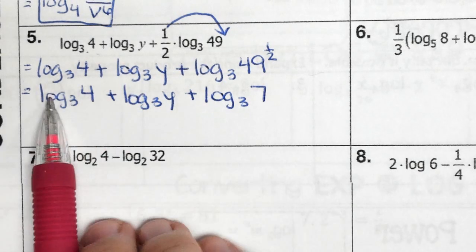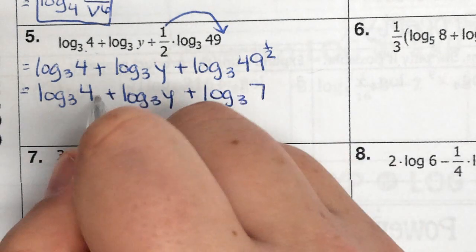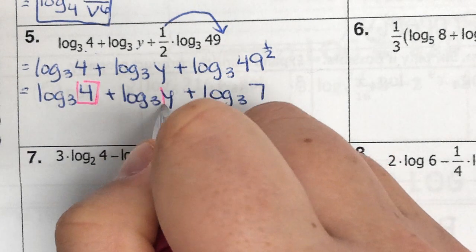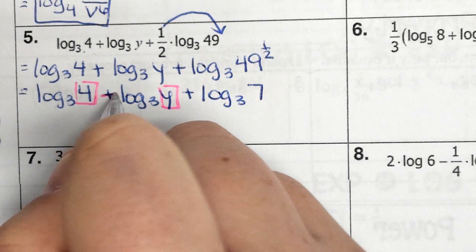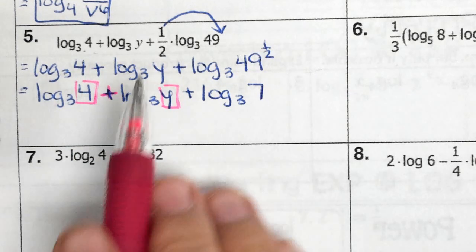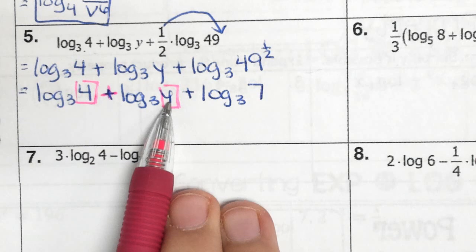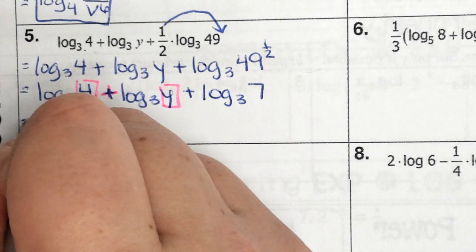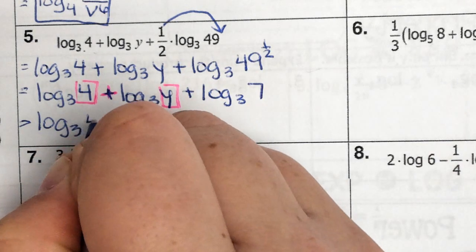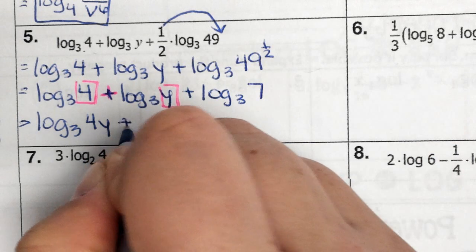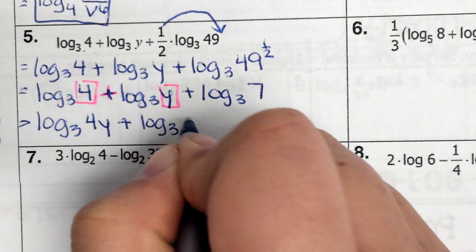Okay, so now it looks like number 4. We are going to look at the first 2 arguments, the 4 and the y. The first 2 arguments have a plus in between. If there is a plus, that means we are going to multiply. So that means this is going to become log base 3 of 4y plus log base 3 of 7.